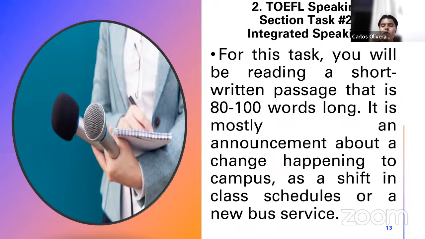It is normally going to be about a change, an event, an activity happening on campus, in a university, okay? Anything that could take place in a university, a new society, a new professor, a new tournament, a championship, a debate, whatever you can think of that could be part of a university is a likely topic for this reading passage.